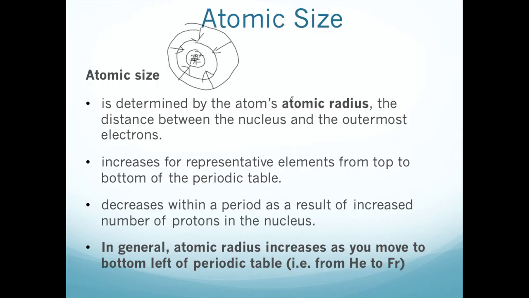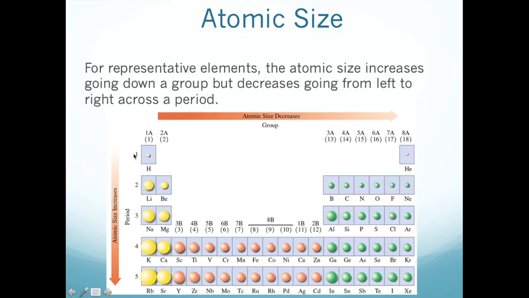So generally speaking, atoms get bigger going down your periodic table as you add shells, and they get smaller going from left to right across your periodic table. So the general trend, if you want to remember this when you're comparing elements, is that atoms get bigger going down and to the left on your periodic table. Helium over on the top right is the smallest atom.